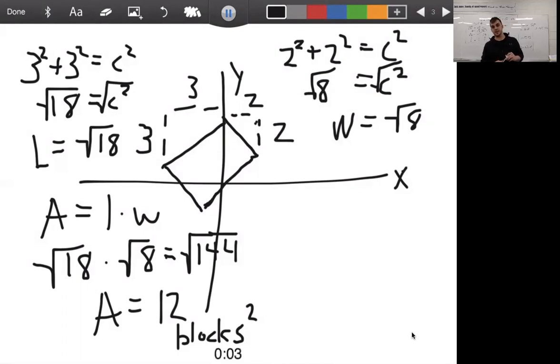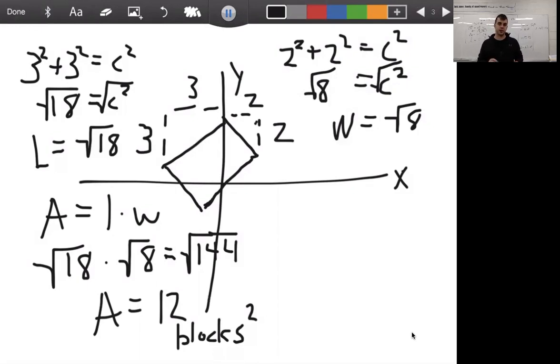Therefore 8 is equal to c squared. However, you need to use the radical sign to get rid of the exponent 2 on the c. So c is equal to the square root of 8, which is your width. You see w equals the square root of 8 is what I have written there.